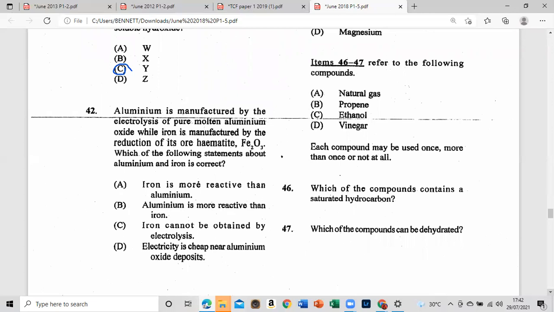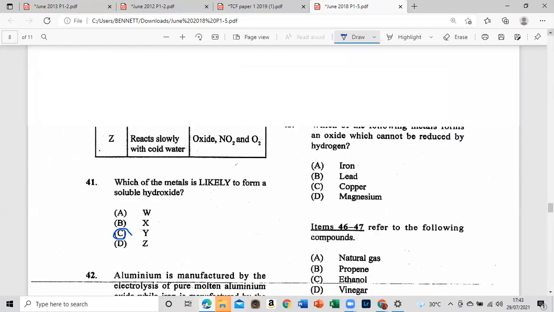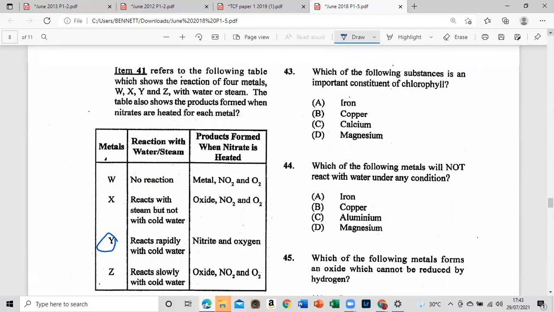Iron is more reactive than aluminum, and this is 42. Or is it aluminum is more reactive than iron? I will go no further. I will find the answer. Once you find the answer, guys, don't go any further. Once you are sure, you're only wasting your precious time. Time is the master, alright?